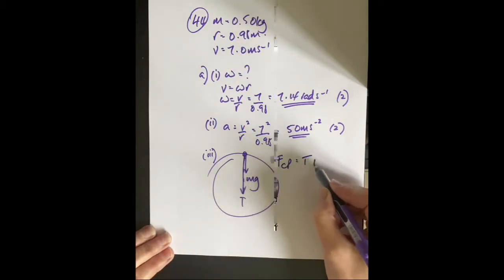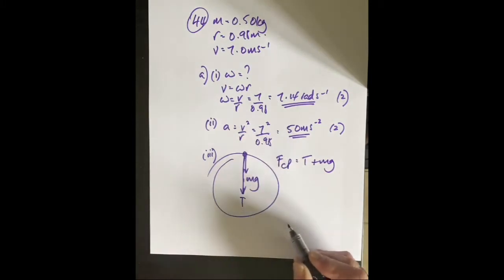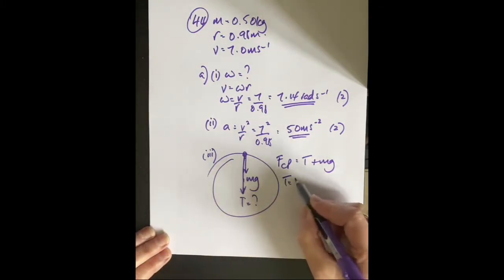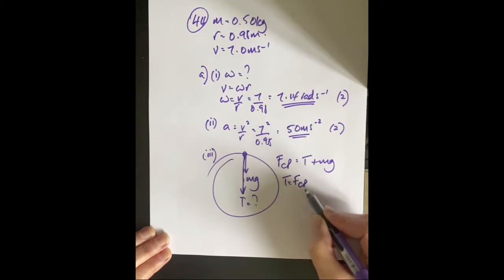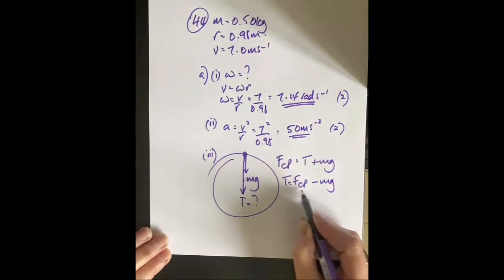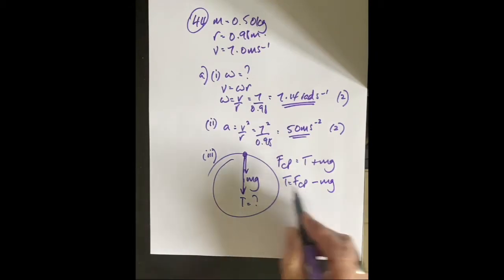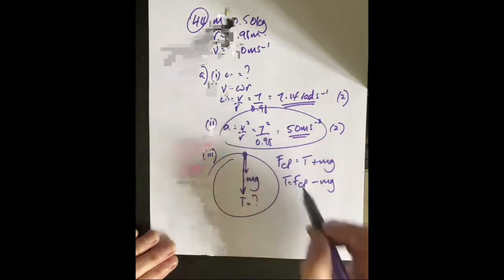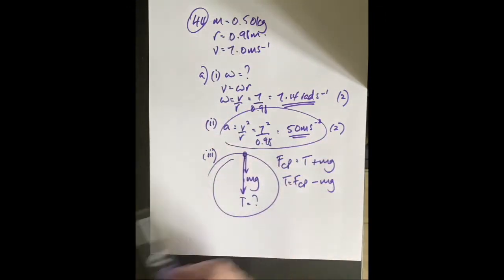So it's T plus mg. Now it's T we're being asked to find. So T equals F, so centripetal force minus mg. Now what is the centripetal force? The centripetal force, if we were to look at this bit here, is that times m.